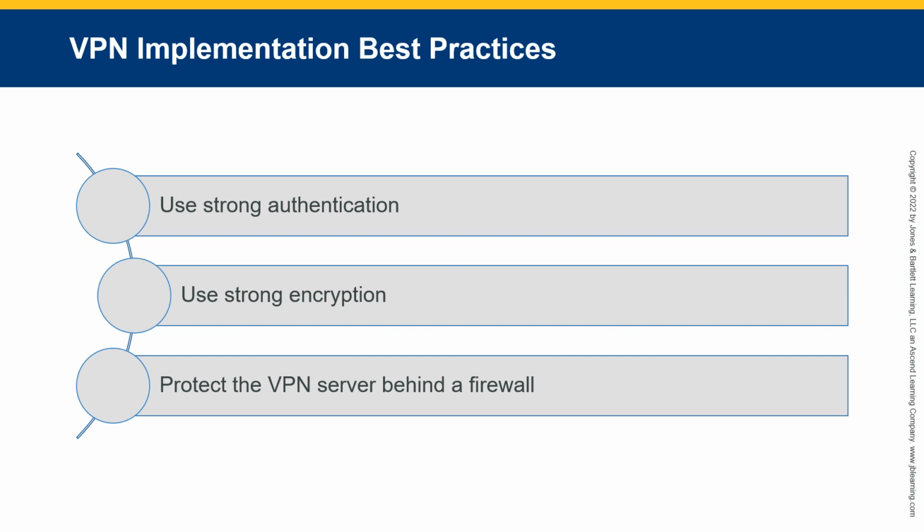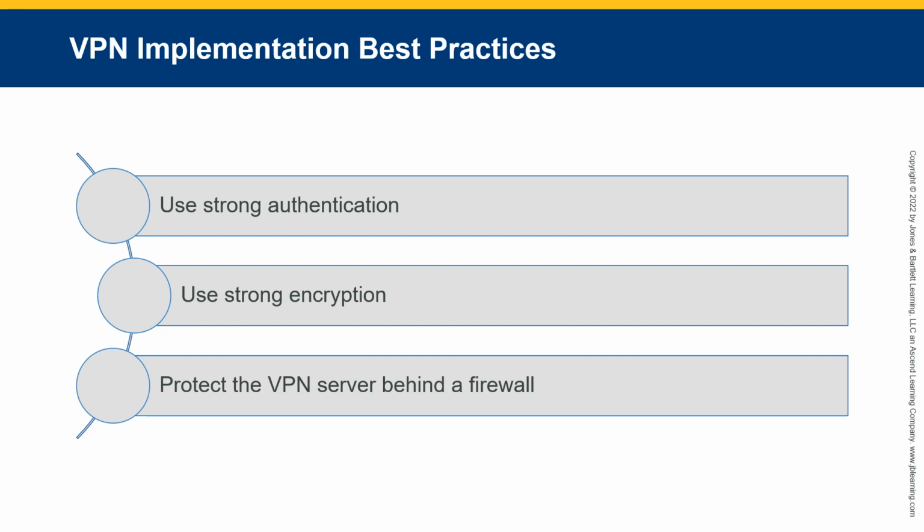So next we're going to look at your VPN implementation best practices. Use strong authentication. That means good password management or some kind of multi-factor authentication. You also want to use strong encryption, preferably an encryption cipher that has not been deprecated.